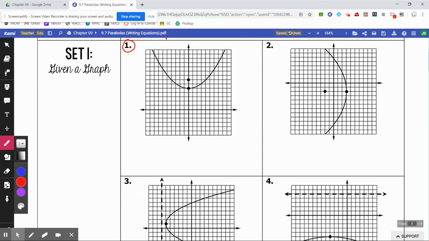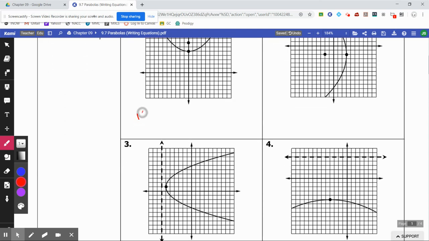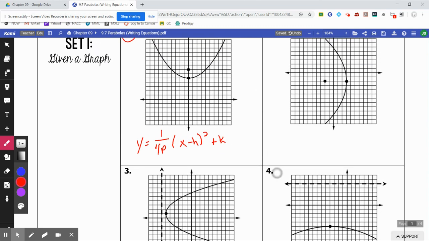So first parabola. Since it's up and down, since it's a vertical parabola, your equation is going to be y equals 1 over 4p times (x minus h) squared plus k. And we could go ahead and look and see where this vertex is, and replace our h and k's now. So the vertex is going to be at 0, 5.